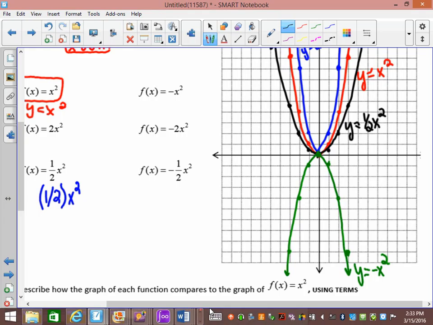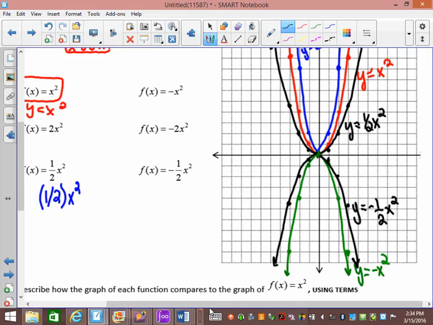Okay, so this one just ends up the exact same, you guys, but reflected down, right? So really, what we have to know is that the number in front, if it's between 0 and 1, makes it wider, whether it's down or up, correct?